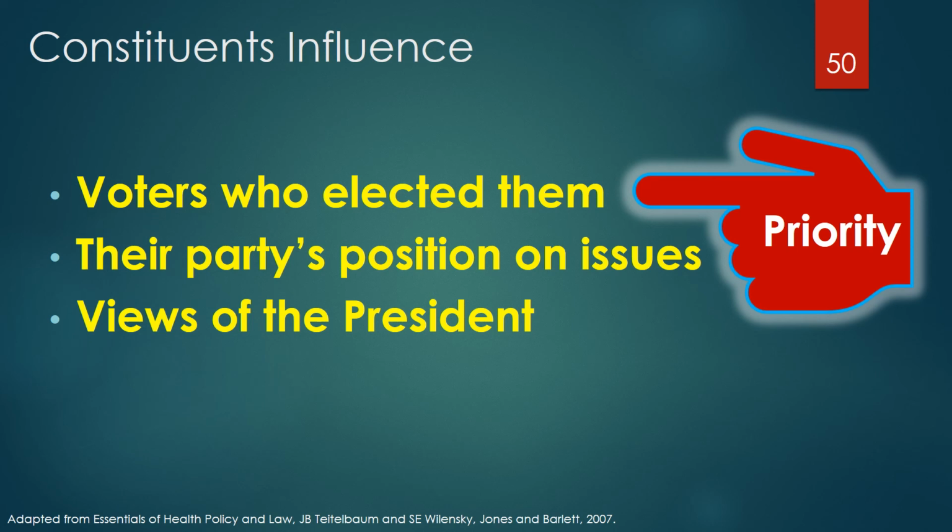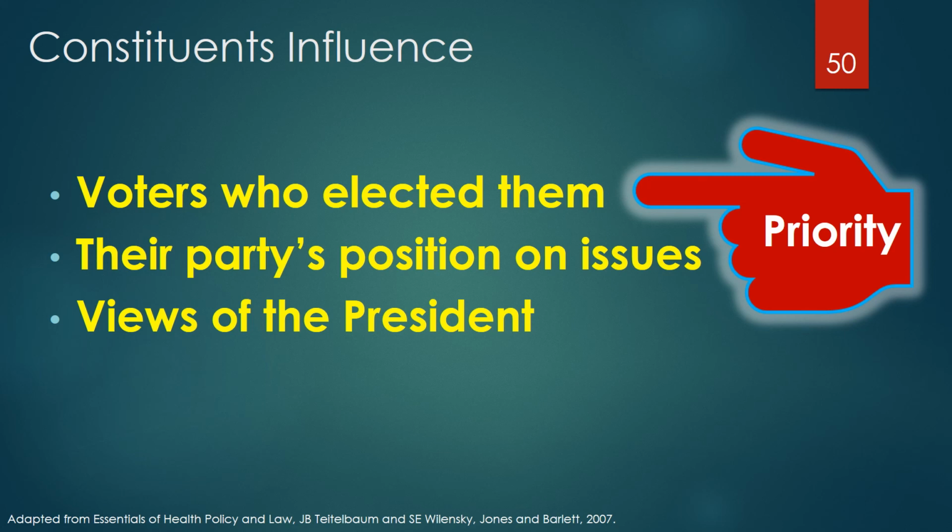Congressional members are influenced by many constituents, including the voters who elected them, their party's positions on issues, and the views of the president, which are particularly important if they are popular and of the same party. Presidents are often adept fundraisers and can significantly help the campaigns of members who support them and their policies.